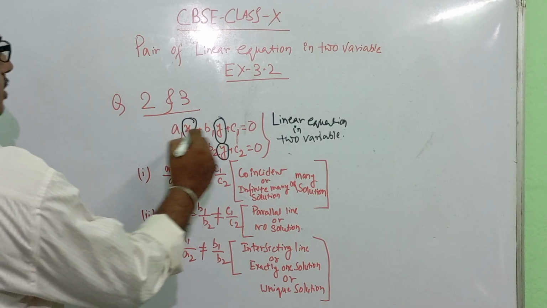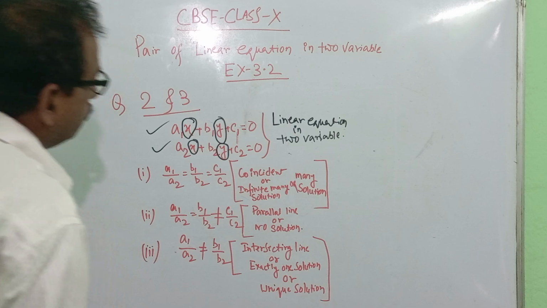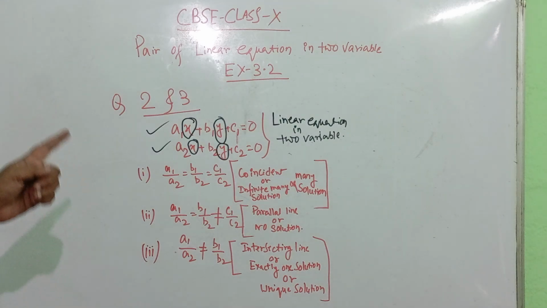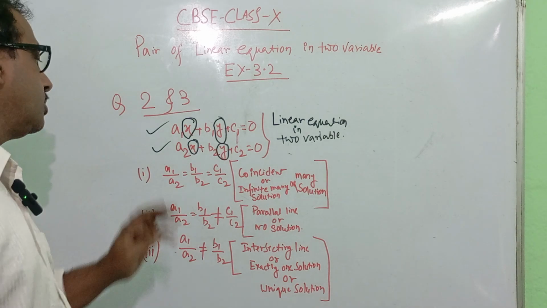Now two equations are there: this is equation 1, this is equation 2. Now a1, b1, c1 are the coefficients of the linear equation.